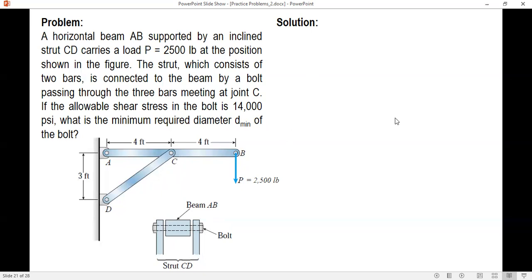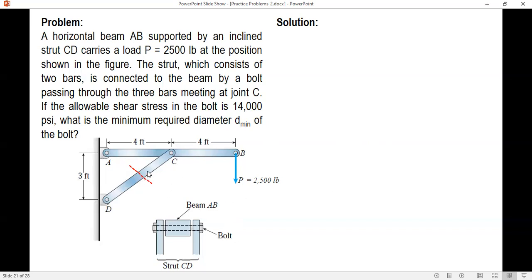So what we are going to do is we'll cut strut CD, and we will sum up moment about point A, or joint A, or the support at A. Cut, and then it's obvious that when the force is applied, strut CD will be subjected to compression.